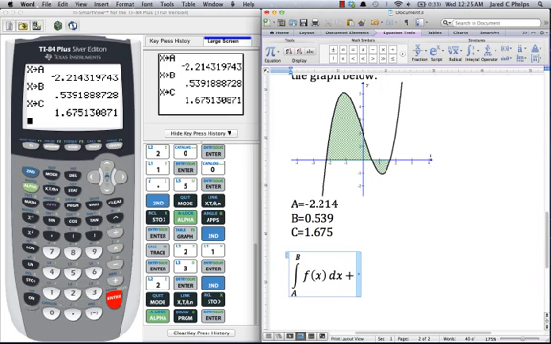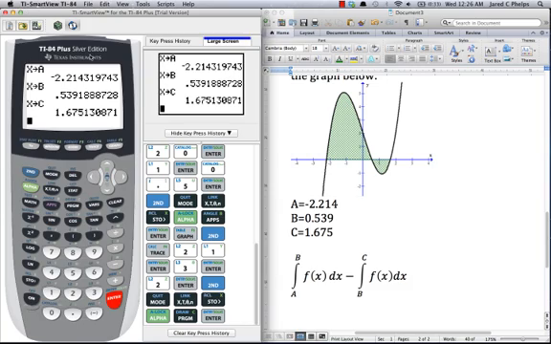We certainly want to do this area plus this area, but when I do the integral from B to C of f of x dx, this integral is naturally going to be negative because the area is under the axis. So I'm going to make that a minus so that I get the answer right. Now that I've got that set up, I can bring it back to the calculator.